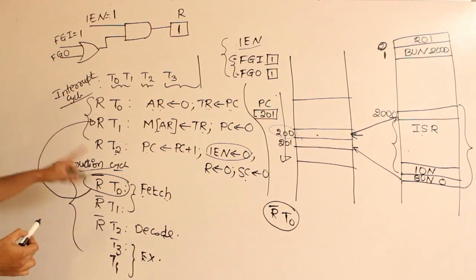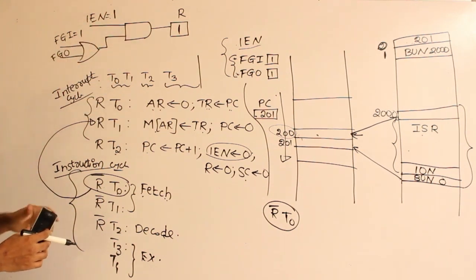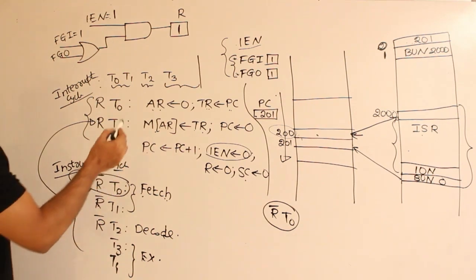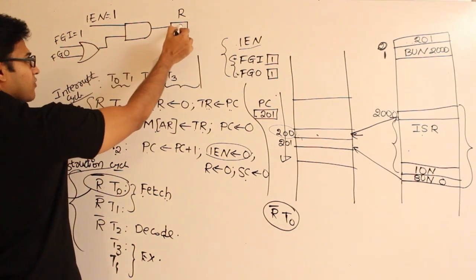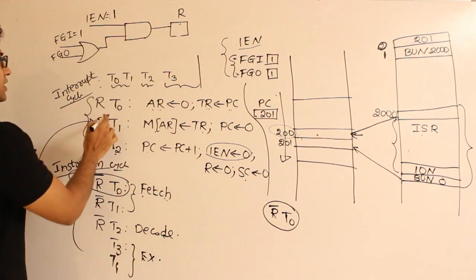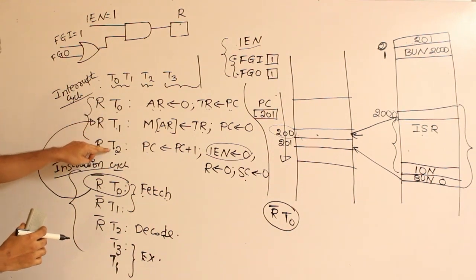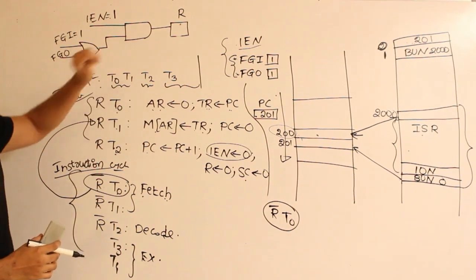So just to stop that from happening, one more condition is added: this particular R has to be set only after T0, T1 and T2. Only after you perform T0, T1 and T2 are you supposed to set it.